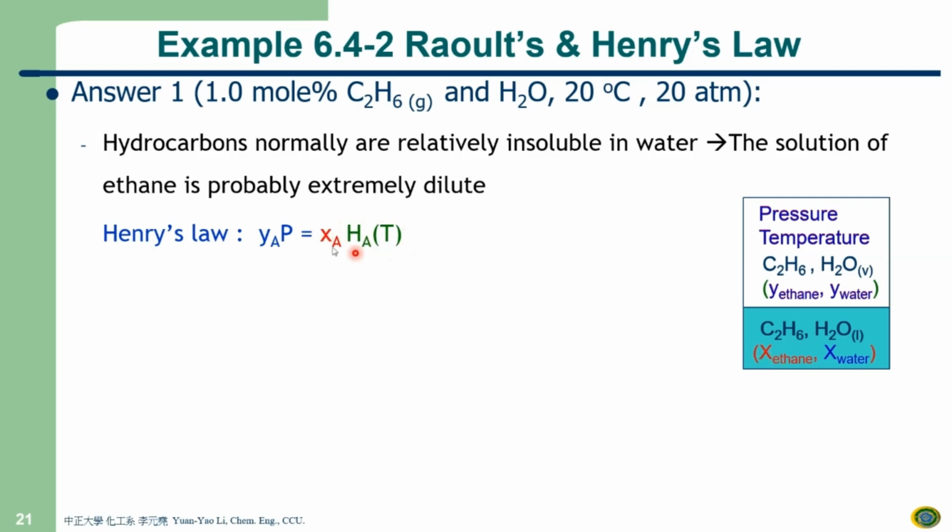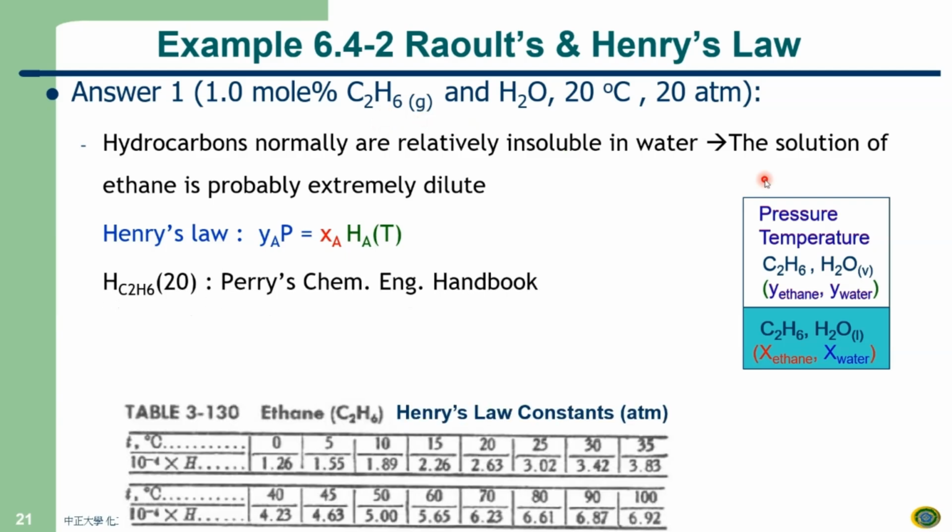And what you need to get is Henry's constant for C2H6. So this is the table for C2H6. If you have pressure 20 atm, it is here, right? So what you can get is this: Henry's constant is 2.63.